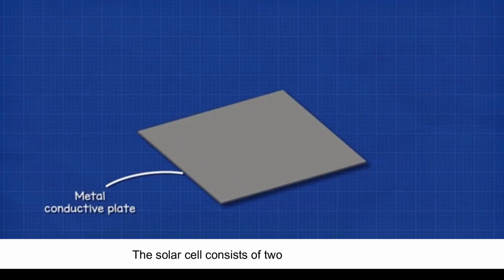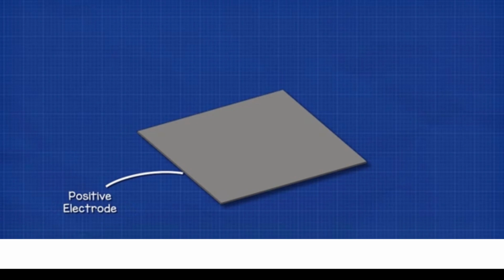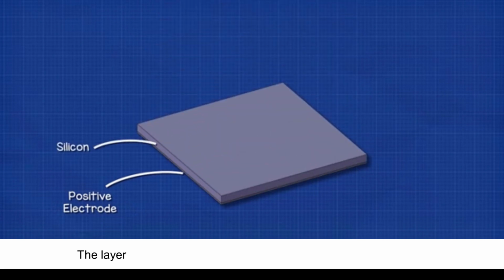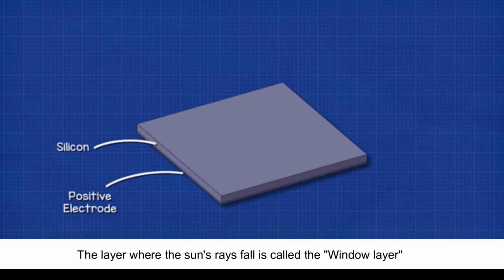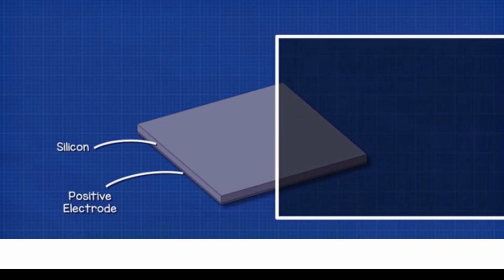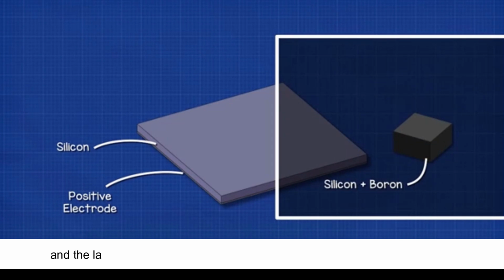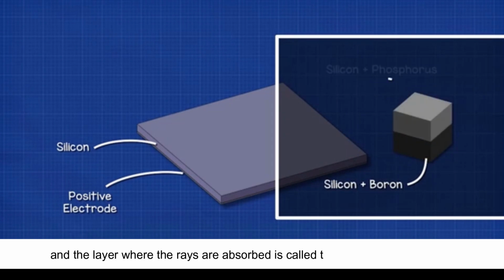The solar cell consists of 2 basic layers. The layer where the sun's rays fall is called the window layer. And the layer where the rays are absorbed is called the absorption layer.